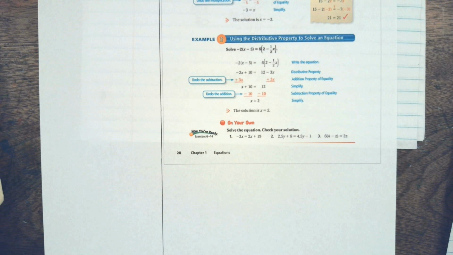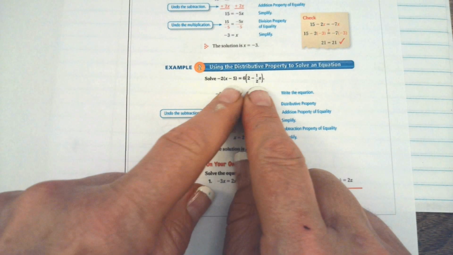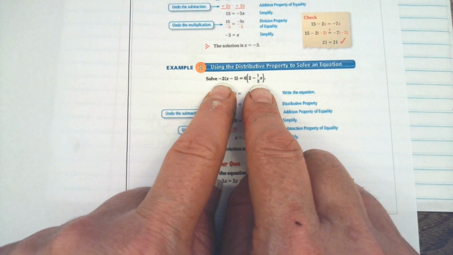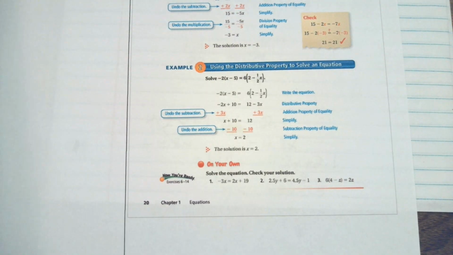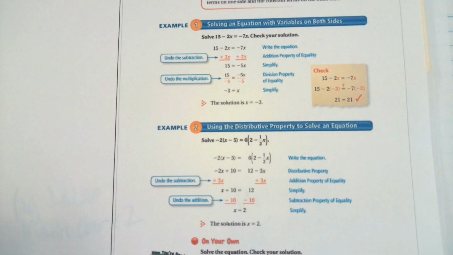Let me make this brighter. Okay, we have to distribute whatever is outside into whatever's inside. So for this, the -2 would get distributed throughout, and the 6 would get distributed throughout. They make this so small. Hold on, let me make it bigger.